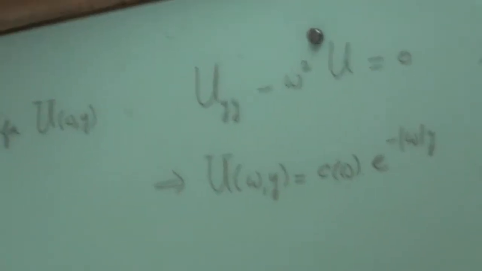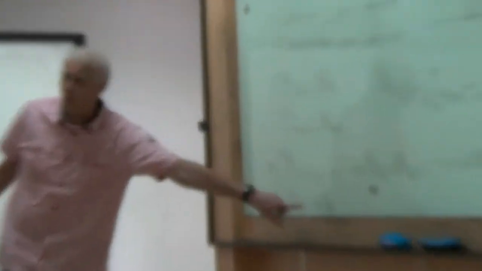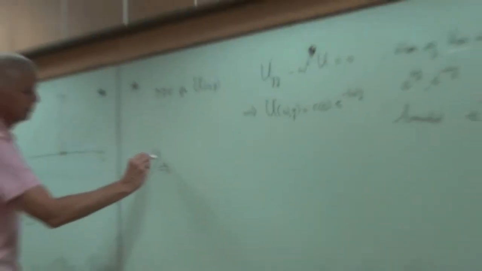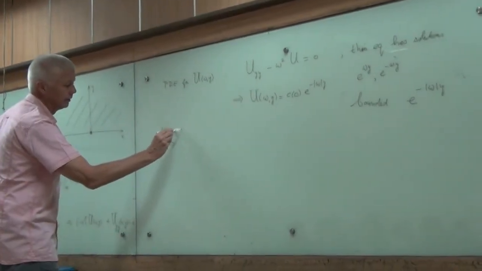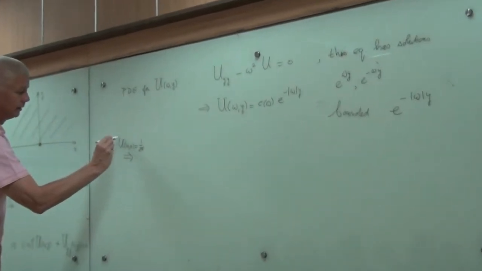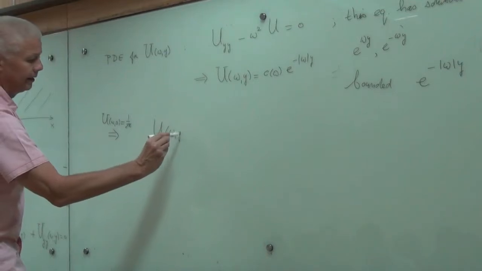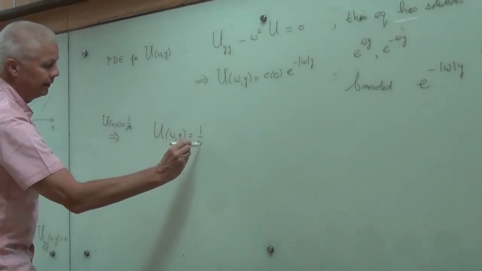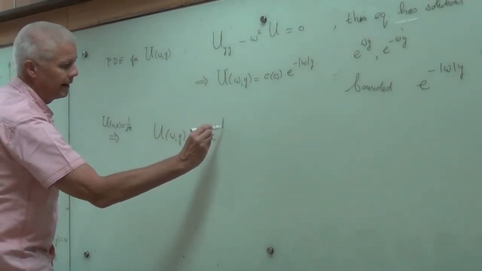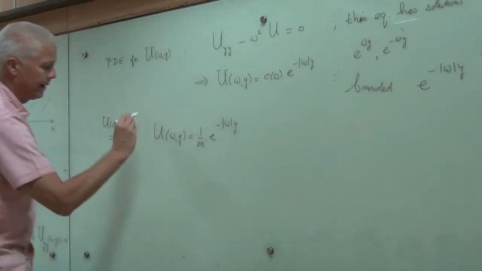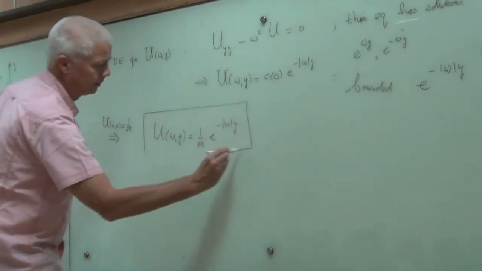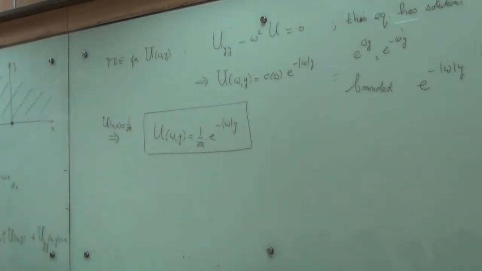And this general solution has to satisfy, for y equal to 0, that it is 1 over 2 pi. So we continue. u omega 0 is 1 over 2 pi, and then it follows that my u omega y is 1 over 2 pi e to the power minus omega y. And this is my solution.